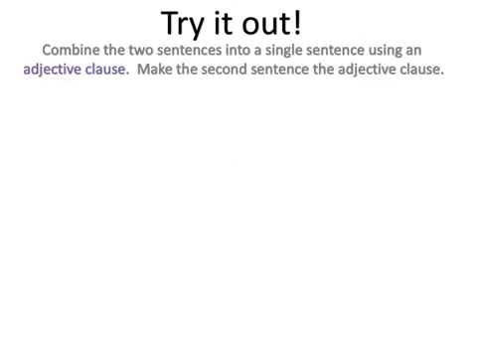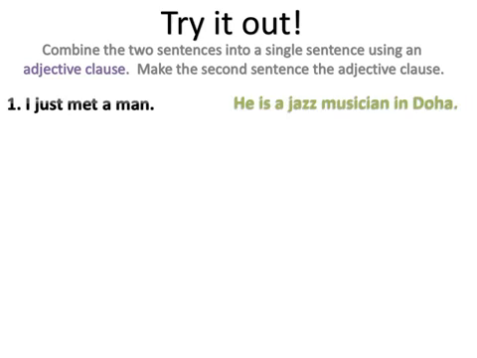Okay, now that we've had an introduction to adjective clauses with subject pronouns describing people, let's try it out. Combine the two sentences into a single sentence using an adjective clause. Make the second sentence the adjective clause. So for number 1, I just met a man.